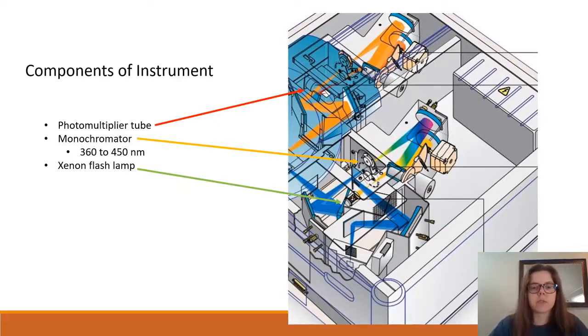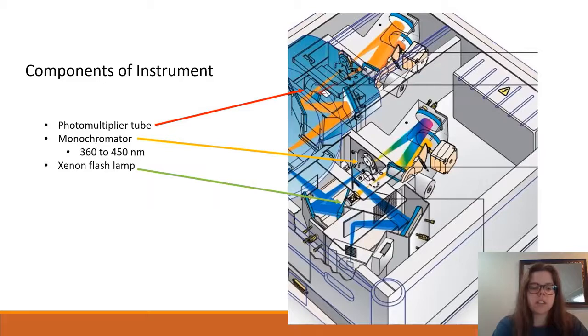So only wavelengths between that range from the lamp could be passed through the sample to be measured. It's also important to note that the emission monochromator is set at a 90-degree angle, basically in order to minimize the amount of reflected light that goes through the sample.